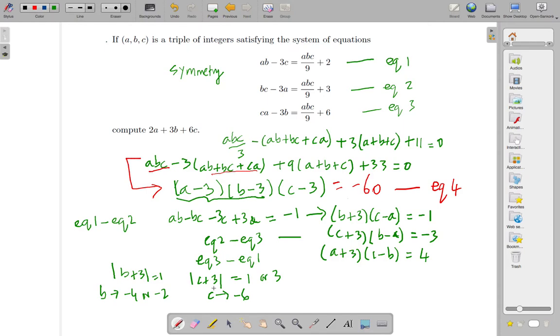And if C is negative 4, negative 4 plus 3 is negative 1, and the absolute value of negative 1 is 1. And if C is negative 2, then minus 2 plus 3 is 1. And if C plus 3 is 0, C is negative 3.